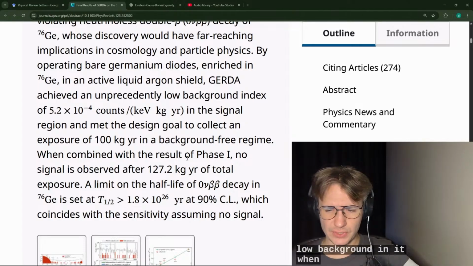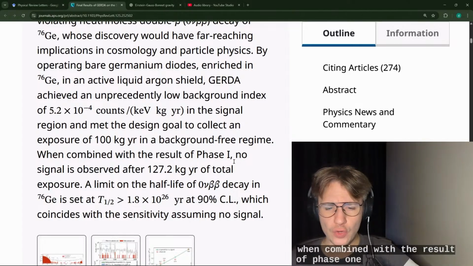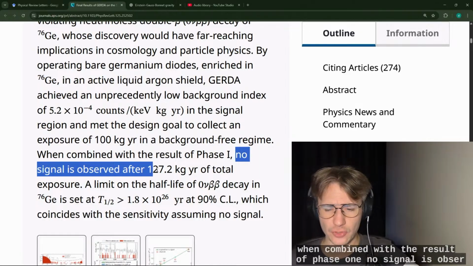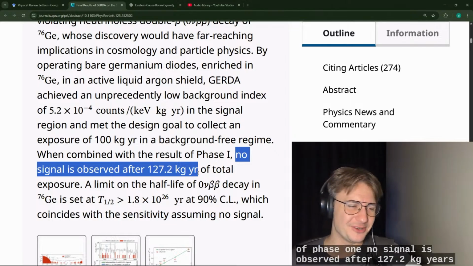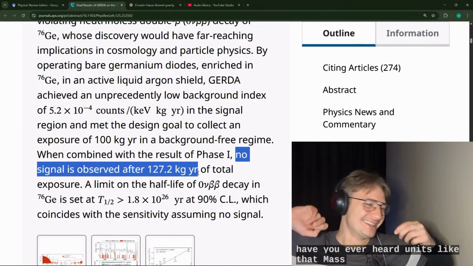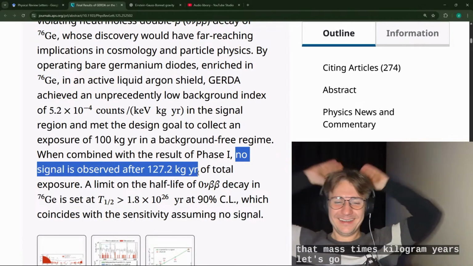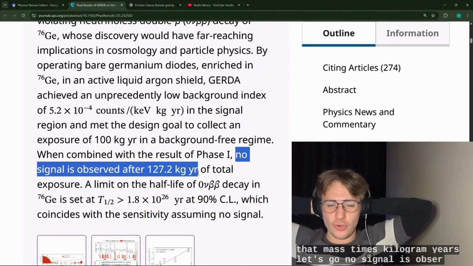When combined with the result of phase 1, no signal is observed after 127.2 kilogram years. Have you ever heard units like that? Mass times years? Let's go. No signal is observed of total exposure.